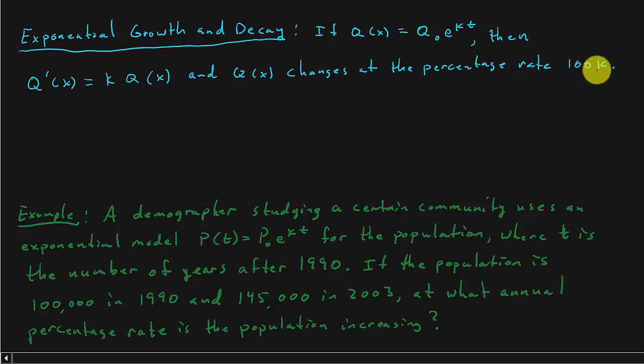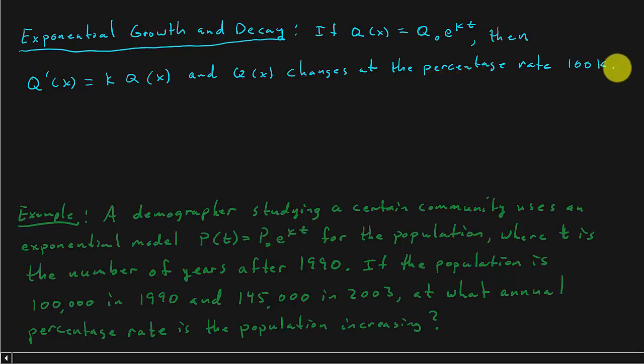Okay, so this tells you how q of x changes at this k value, or the rate of change is the k value, and if you want to put it as a percentage, you have to multiply that k value by 100.